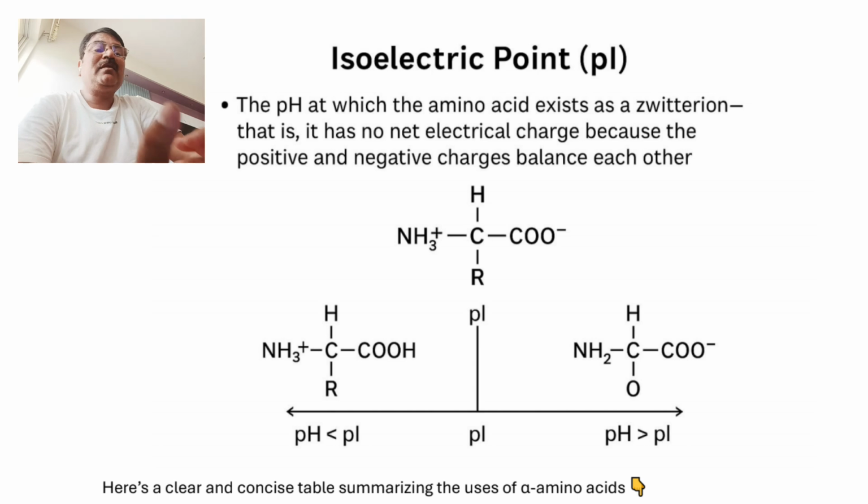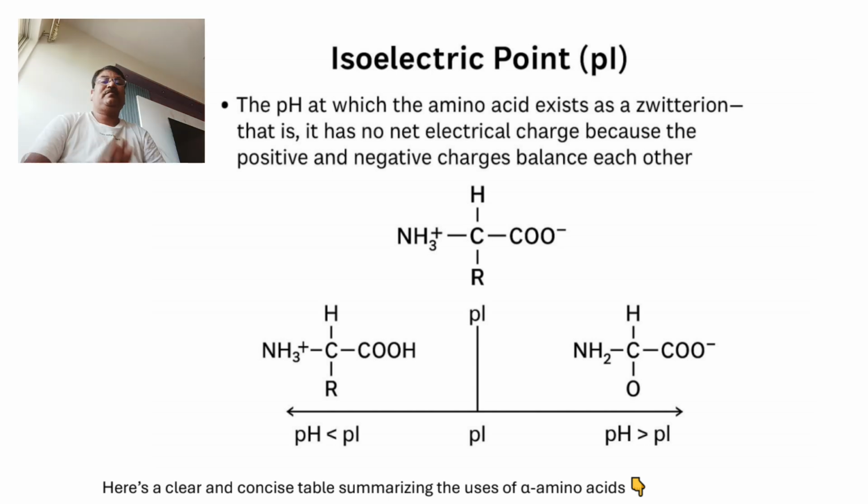This happens in a normal electrolysis, but whenever a specific pH comes, at that time the alpha amino acid exists in the form of the Zwitter ion, containing a positive charge on the NH3 group and a negative charge on COO minus. It has both.